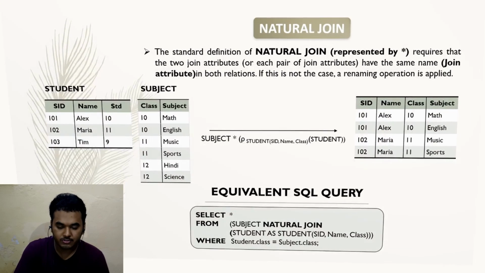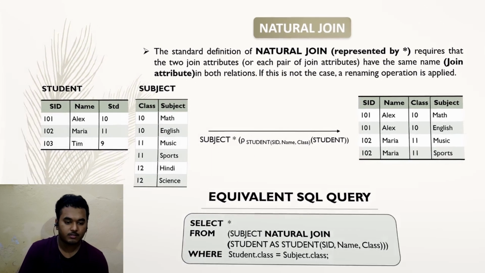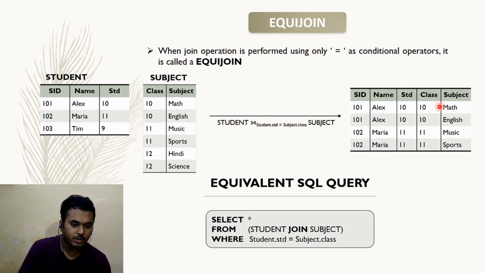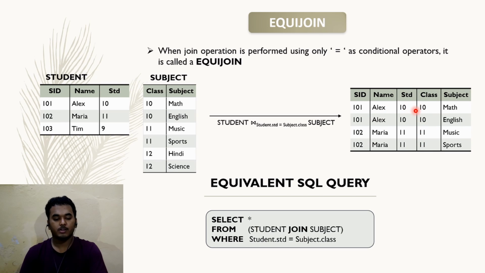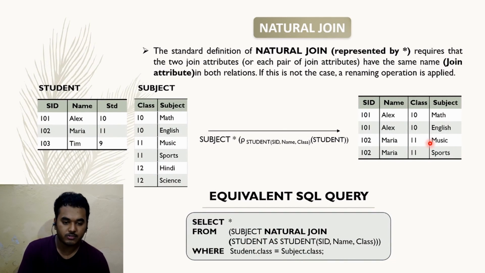Next is natural join. In the previous case, we can see that two attributes are displaying the same values two times. One of them is superfluous, irrelevant data we don't want, because it is taking up useless space. This can be removed using natural join, but the standard definition of natural join is different.